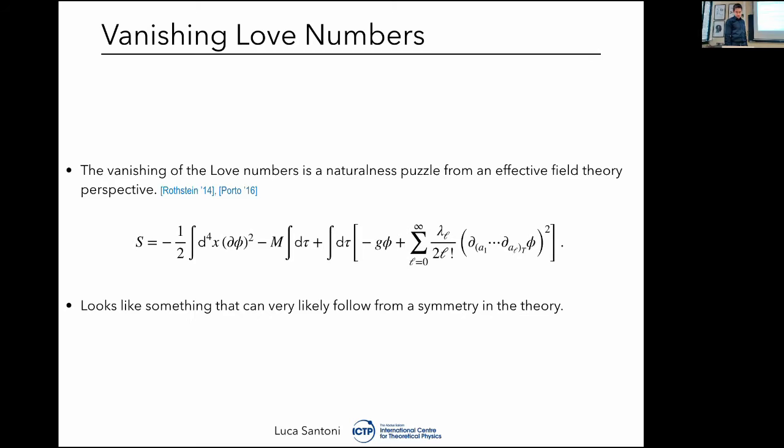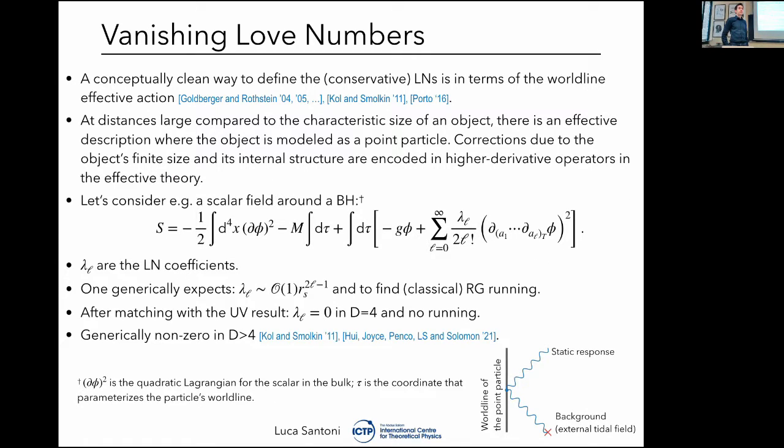Why does this happen? Why are they 0 in D equals 4? Well, exactly. This is the result of an explicit calculation. Of course, in this effective theory, the effective theory does not tell you that these are 0. The point is that I give you the effective theory. On the other hand, I give you GR. We know how to do calculations in GR. You do the same exercise of the dielectric sphere, now with a black hole, and you find that the Love numbers are 0.